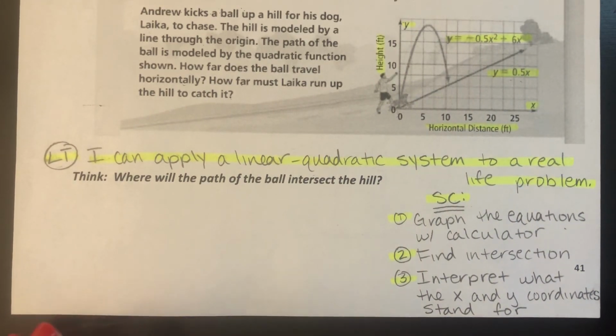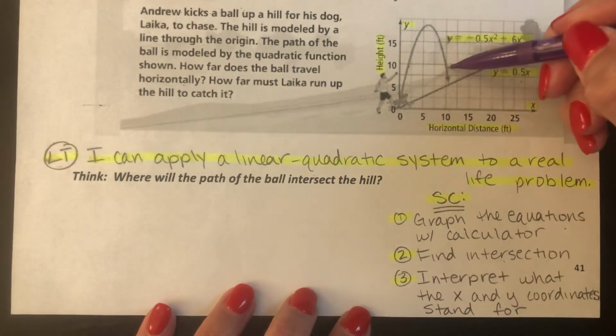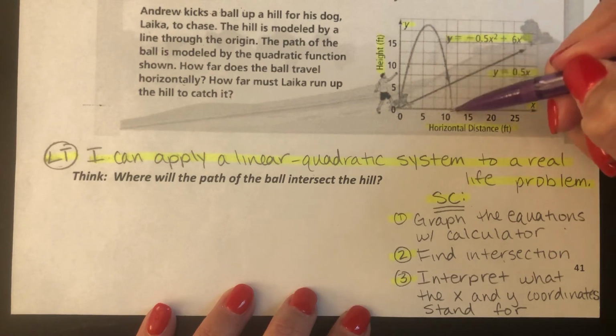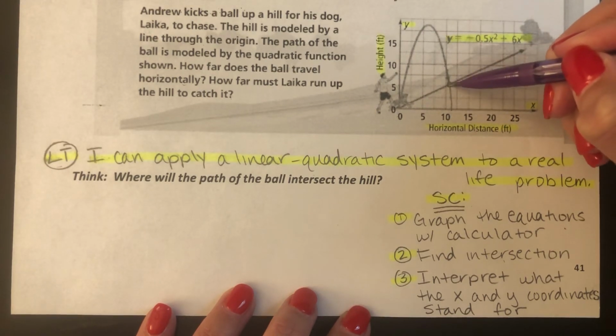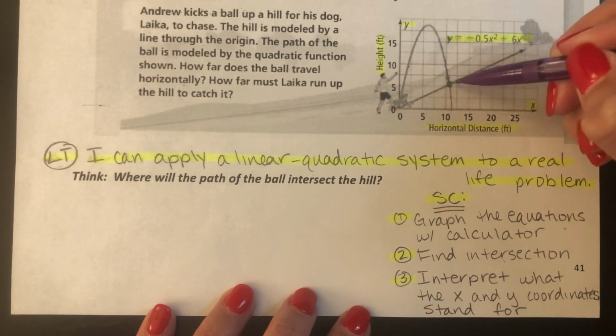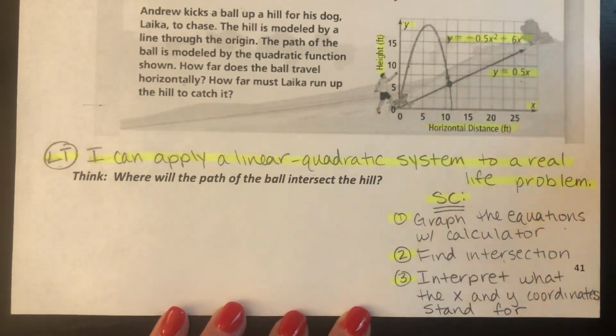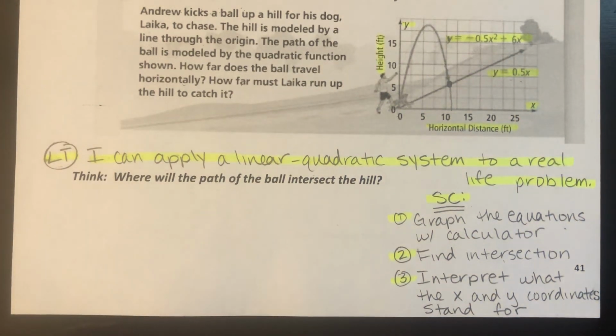Once you have that graph on your graphing calculator, I want you to find the intersection. Here would be your intersection. Find what that intersection equals.